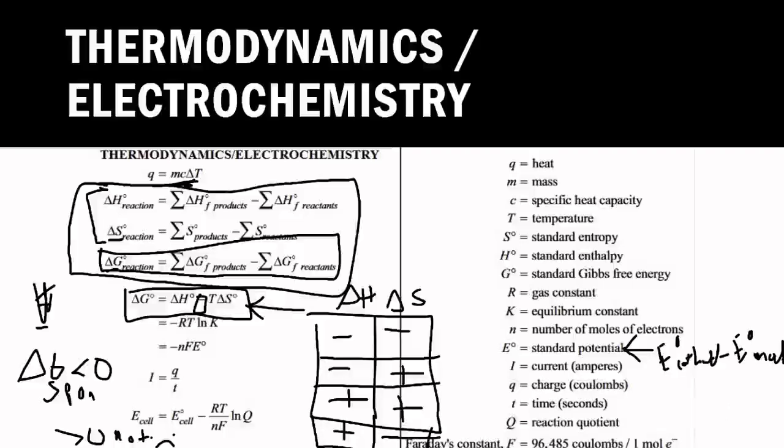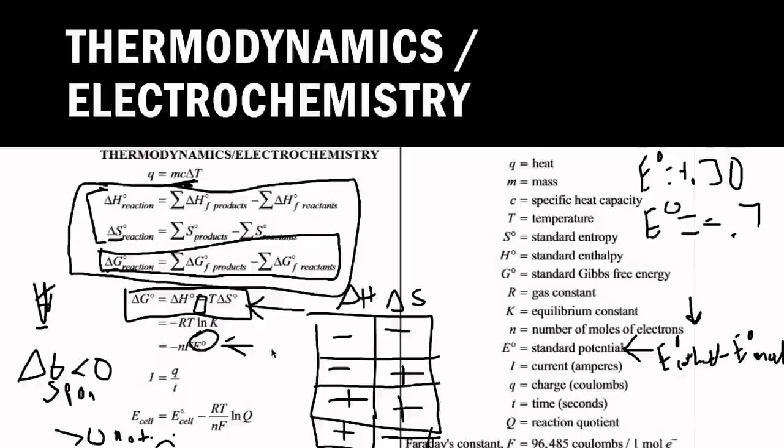And so, what that means is that if you were given two things where E degrees is equal to like plus 0.3, and the other E is equal to like negative 0.7, you would do 0.3 minus negative 0.7, so you just add that plus that flipped, and E cell would be equal to 1.